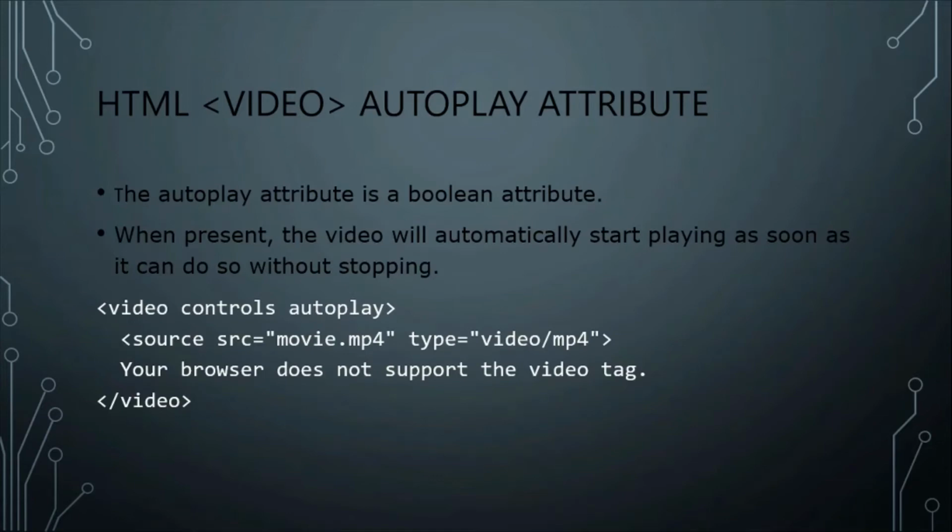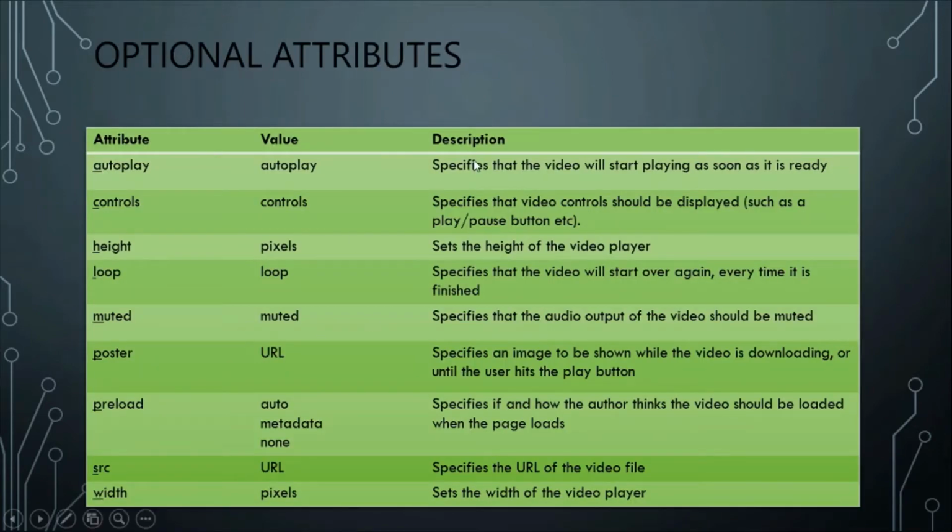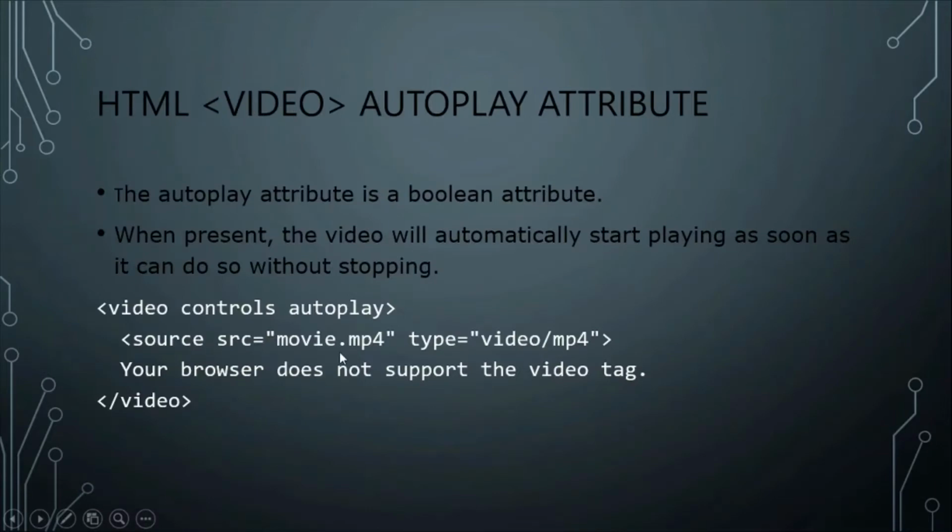As I told you before, autoplay will start the video when the code is initialized, as soon as it is ready. Okay, here is an example of it. I've also used controls here. I will tell you more about controls after this autoplay.